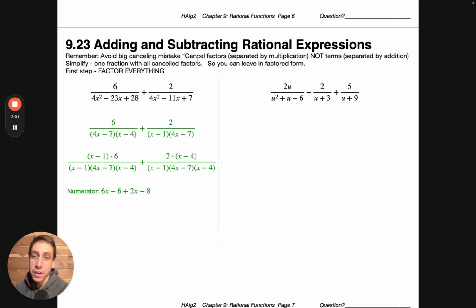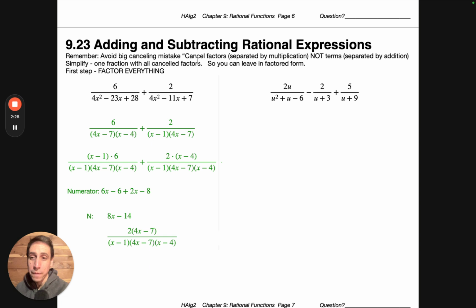After you do the distribution and add the two fractions together, the two numerators become one numerator, 6x minus 6 plus 2x minus 8. We can combine like terms, and we can even factor the numerator. After you factor out a 2, because they're both even, you get 2 times 4x minus 7.